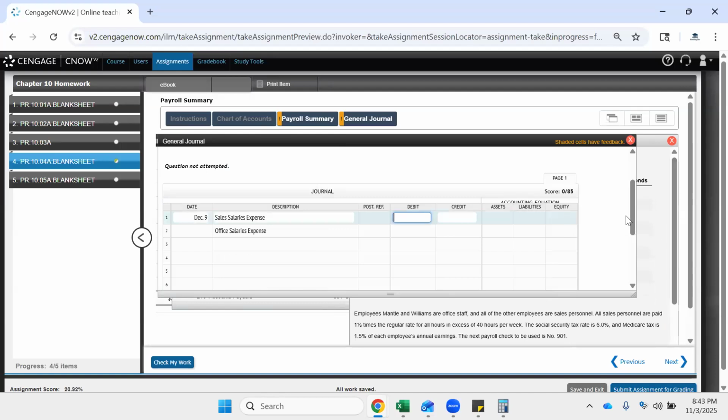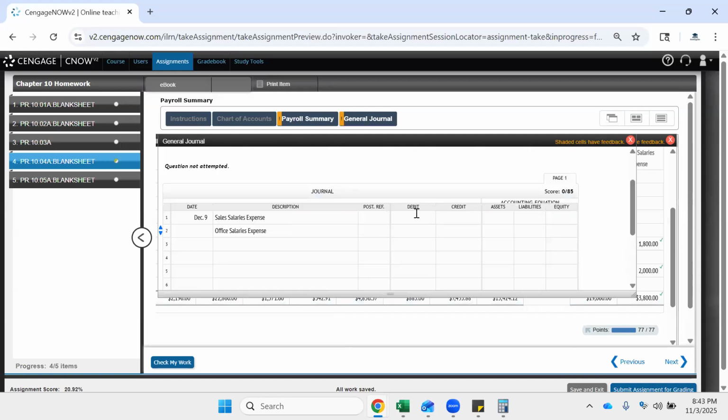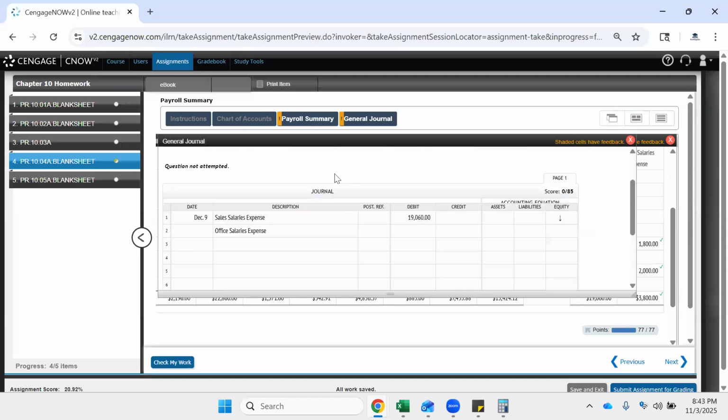And our sales salary, if we go to our payroll summary, our sales salaries expense debit 19,600. We have to start with what we know. It's like completing a puzzle. So then our office salaries expense 3,800.